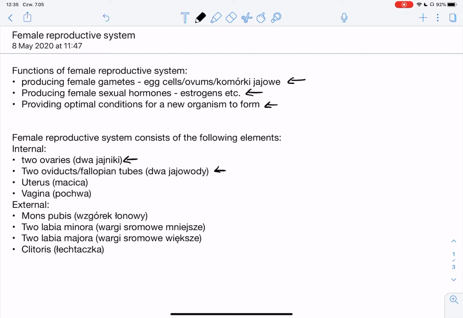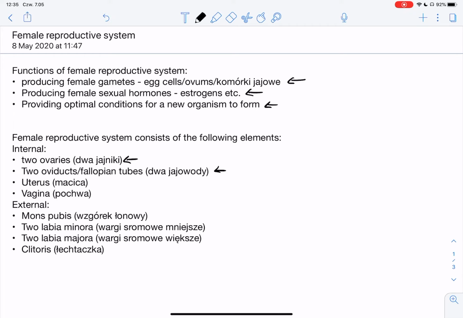External parts are the mons pubis, which is just above the entrance to the vagina, two labia minora covered by two labia majora, and the clitoris, which is above all of them.